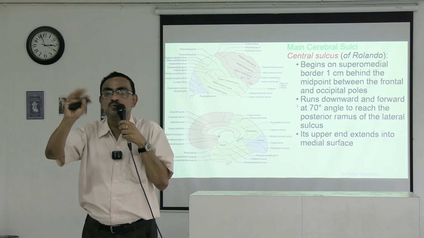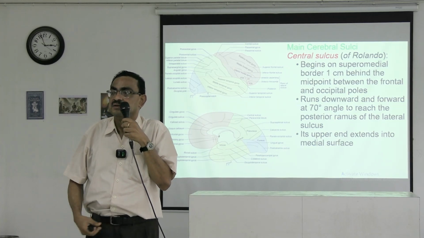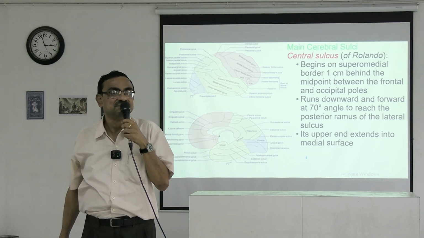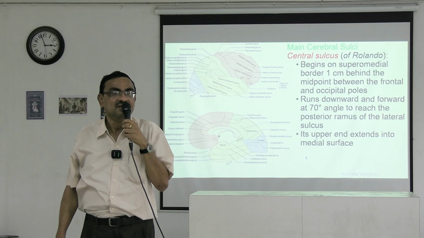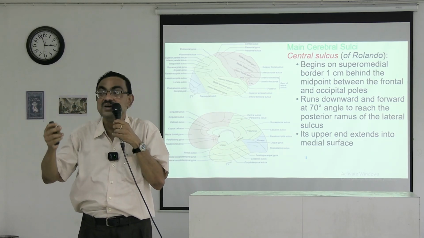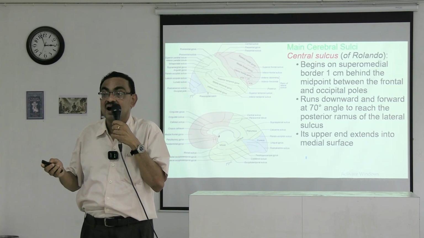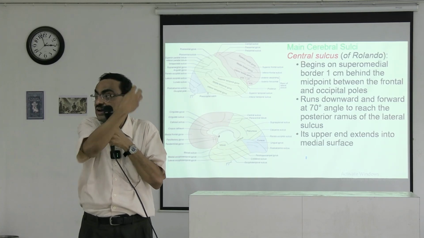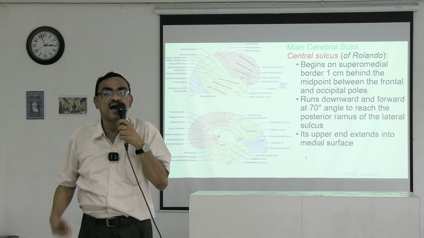And up to some age, this Broca's area can change, like after 6 years, 8 years. If the Broca's area of the left side of mine is affected, I cannot speak.